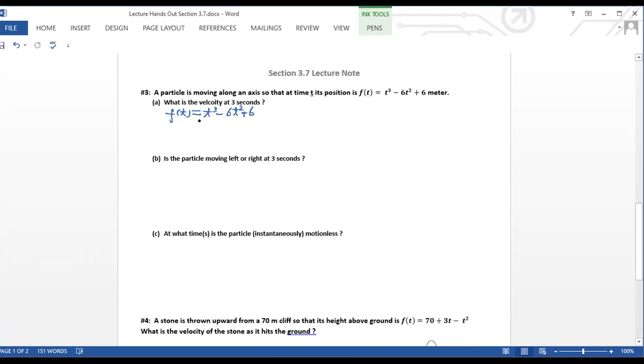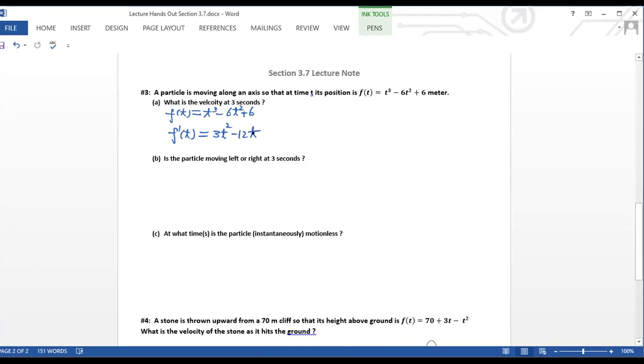If you plug in f of 3, that tells you how much you have traveled at 3 seconds. Now I want to find the velocity, so I take the derivative.